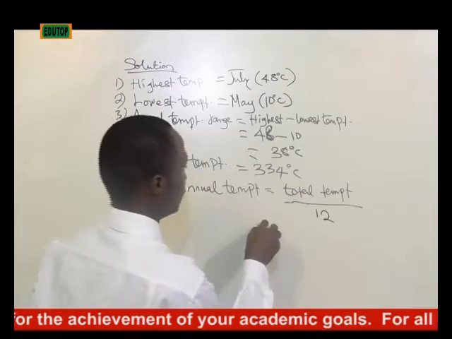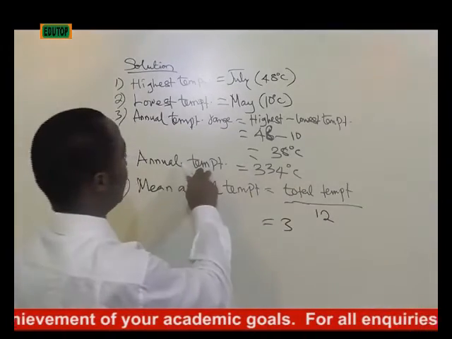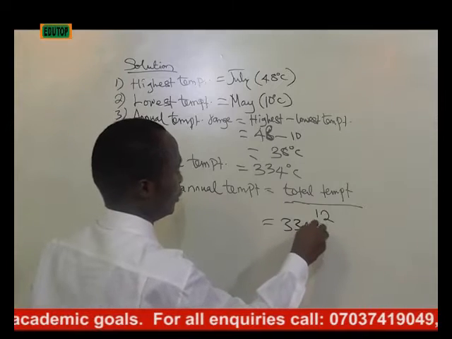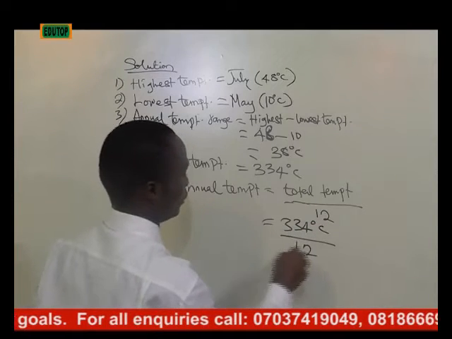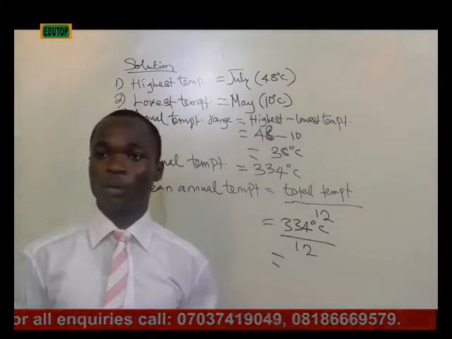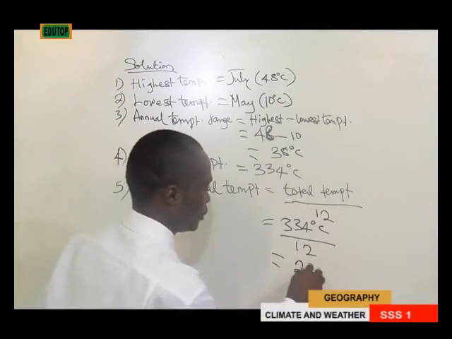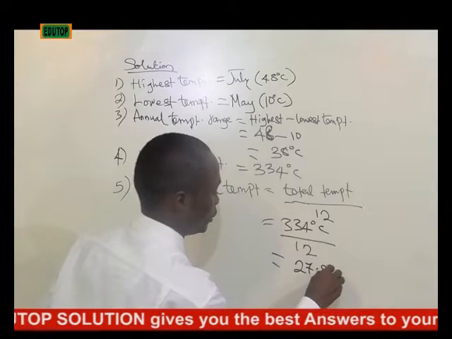And that will be the total temperature, which is the annual temperature, 334 degrees Celsius divided by 12. And that will give us 27.8 degrees Celsius.